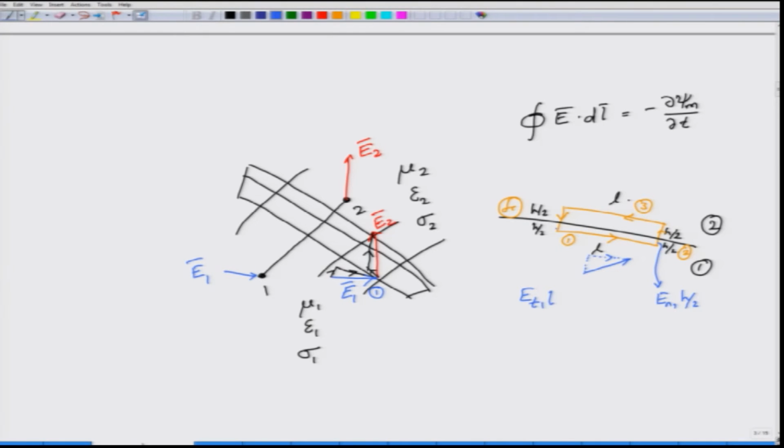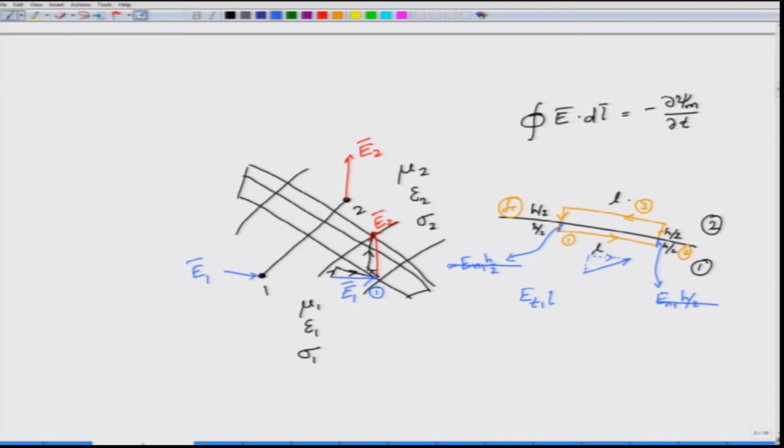However, what is the component at the 4th segment? It is minus En1 h by 2, because these two are in opposite directions, and the electric field along this half of the segment as well as this half of the segment are the same. So, these two will cancel with each other and we do not really have to worry about the segments 2 and 4.